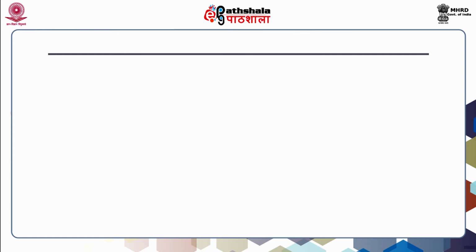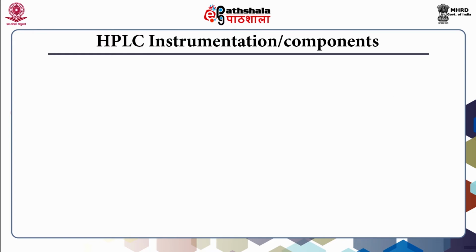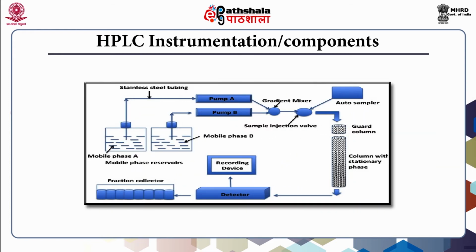In this slide we can see the HPLC instrumentation or components. You see in this picture we have the mobile phase reservoirs and the pumps, and also the gradient mixer to mix two kinds of mobile phases, and a sample injection valve which can be used to inject a sample into the column. We can see a small column here that is called the guard column.